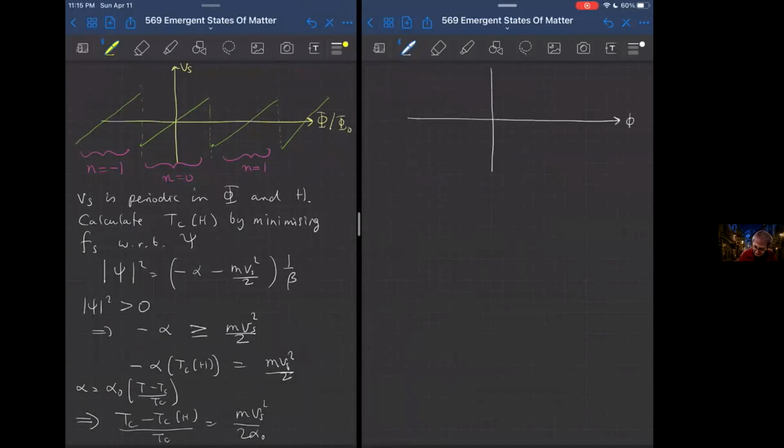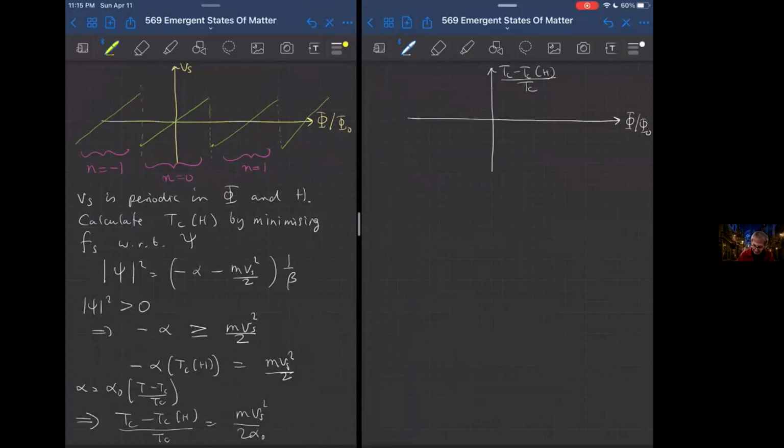So here is the magnetic field, or the flux. Now I'm going to plot Tc minus Tc of H over Tc. So when I don't have an H, I just mean that H is equal to 0.